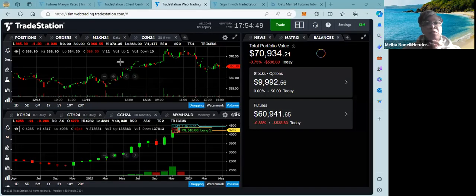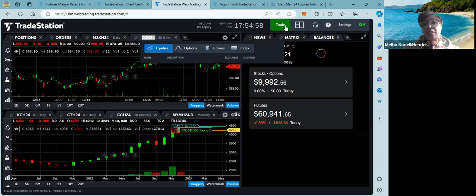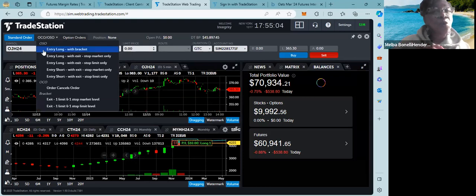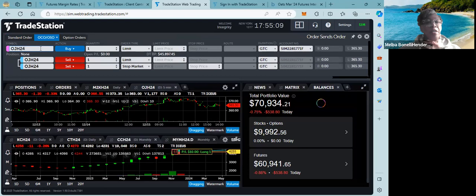Excellent. So we're still on orange juice, March of 2024, highlighted, click trade. Then you're going to click OCO/OSO. Then you will click entry long in brackets. And so you're long the market.